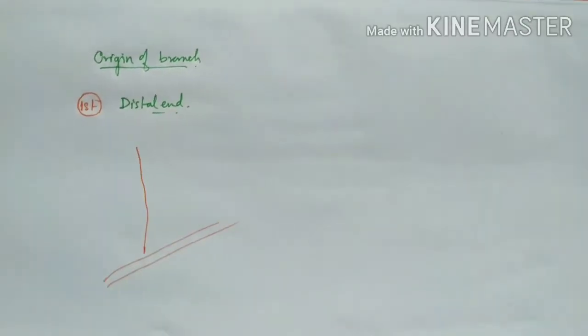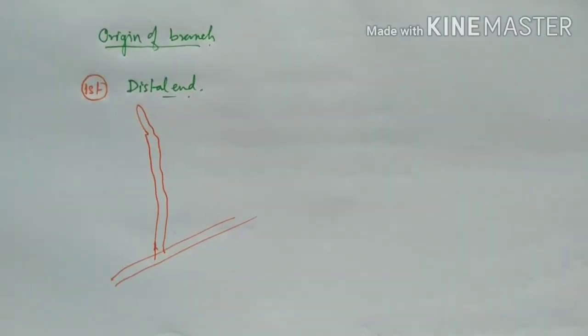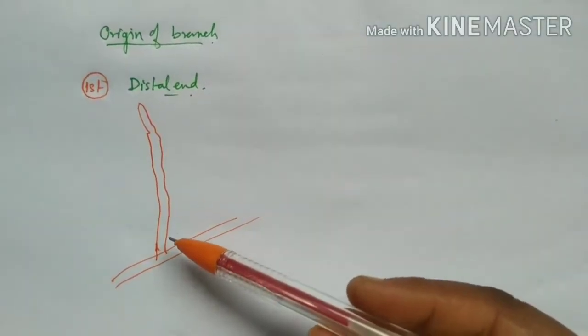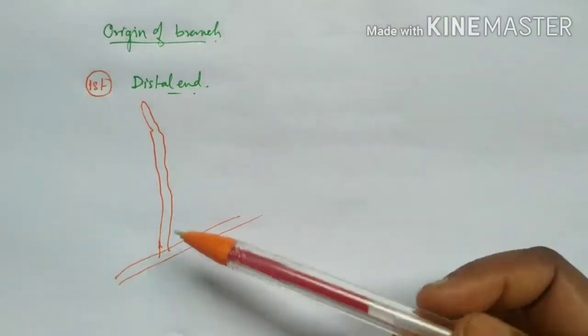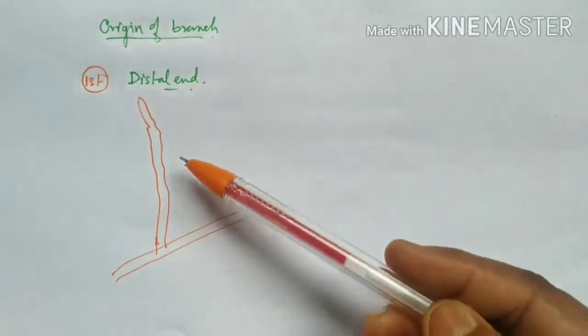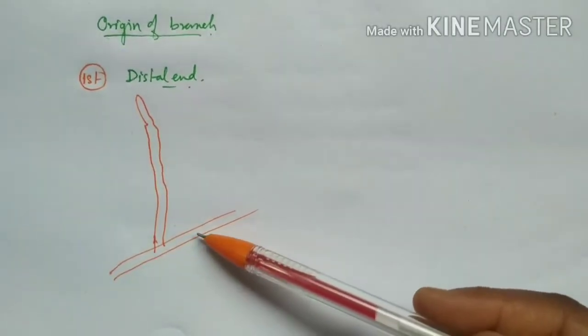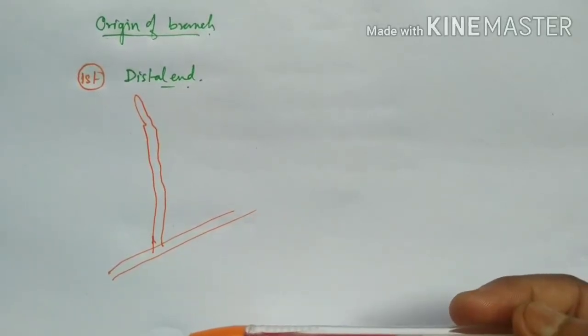So this is the posterior filament, this is the erect filament, and branches are produced from this distal end. So this type of origin is called distal end.